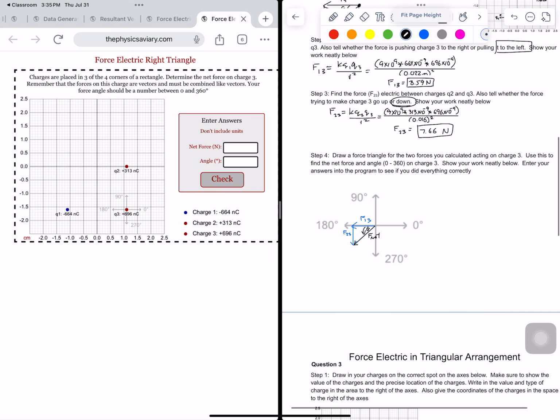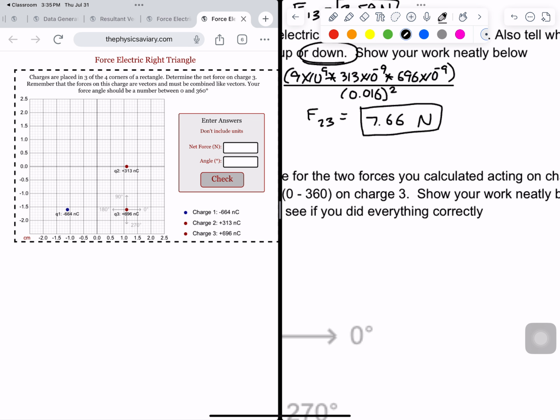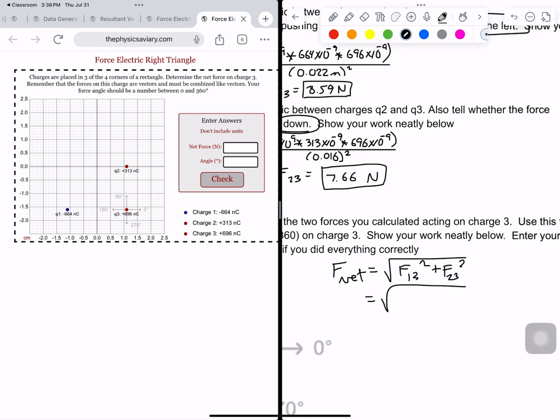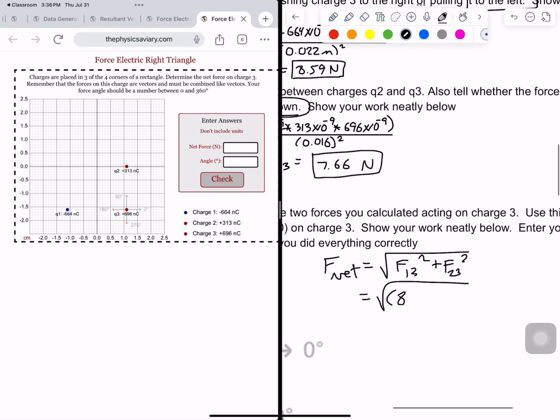Okay. All right, so to find the net force, just use Pythagorean theorem. It's going to be the square root of F13 squared plus F23 squared. Well, for me, that's going to be 8.59 squared plus 7.66 squared.